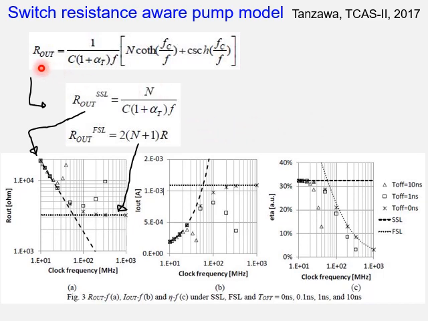Let's look at the output impedance in more detail. As you see, if you decrease f to 0, then this term becomes n, and therefore R out is in proportion to 1/f at the slow switching limit, which is expressed by this line.